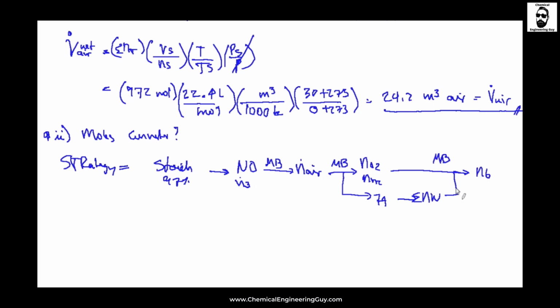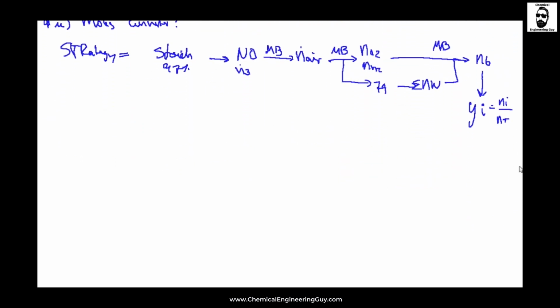Okay, with N6 we got the Y fraction of I. Essentially we got all the balances, so we just need to find out mole V and total moles. So let's do it. This is kind of large, so it takes a lot of time. We need to be patient, guys.